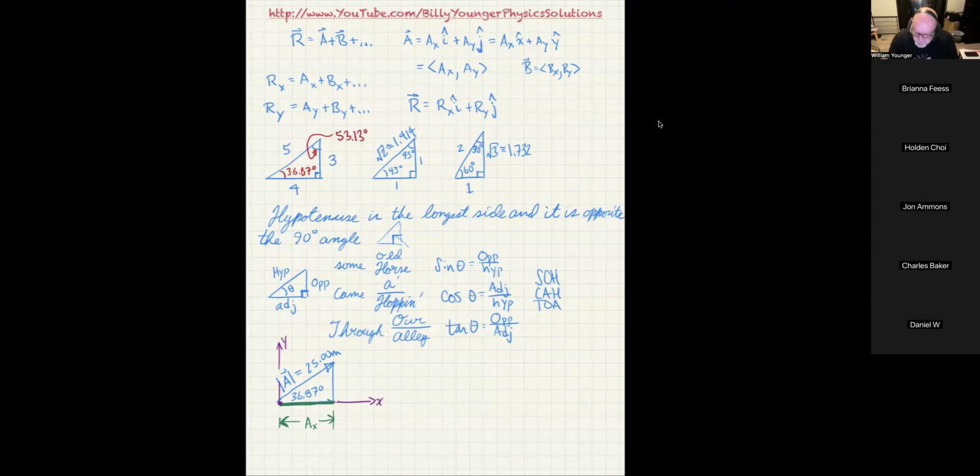Now, if you can sort of imagine horizontal light casting a shadow, then this side right here is the shadow on the y-axis, and therefore this distance from here to here is a sub y. So that's what the length of the y component is, and that's what the length of the x component is.